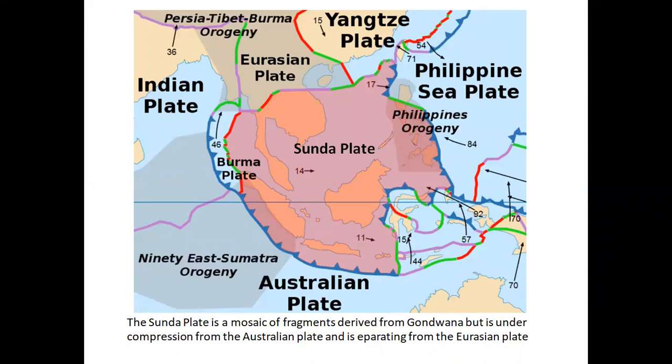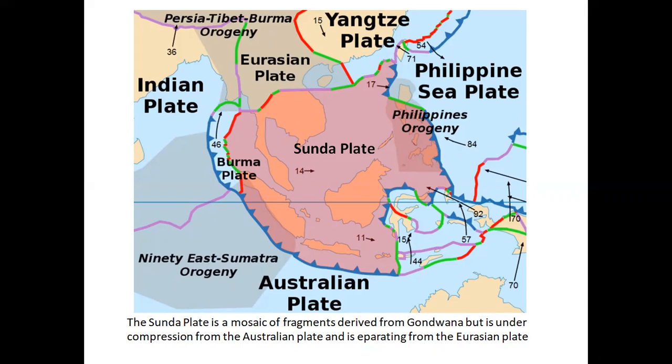So it's under considerable compression, also compression from the fact that India's been forcing itself against the continental mass of Eurasia in the north, and there's an attempt, you might say, of stress escape from that region. So there are pressures through the projection of the eastern part of the Eurasian plate there, pressures tending to be to the southeast, as shown in the Yangtze Plate, for example, at 15 millimetres per annum.